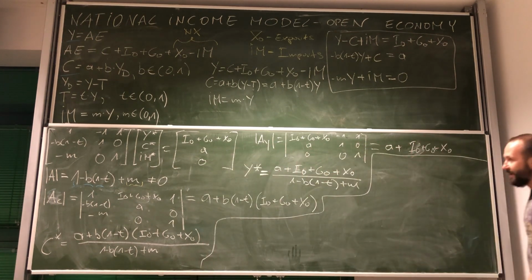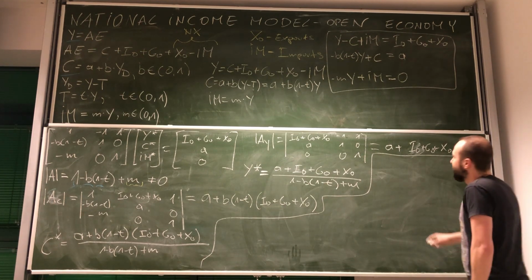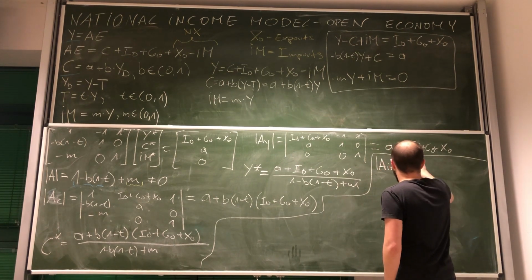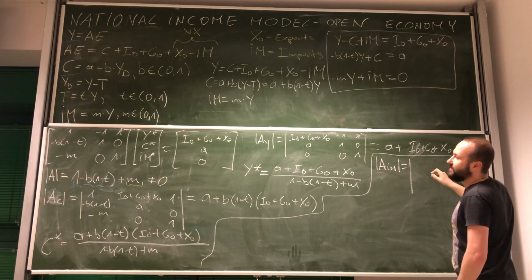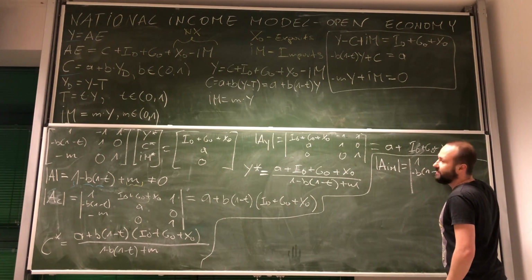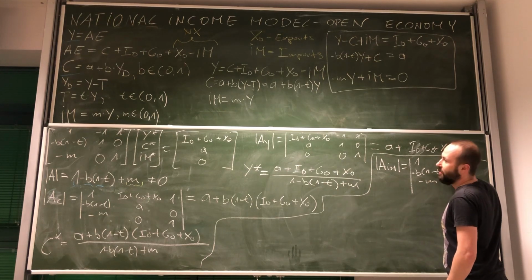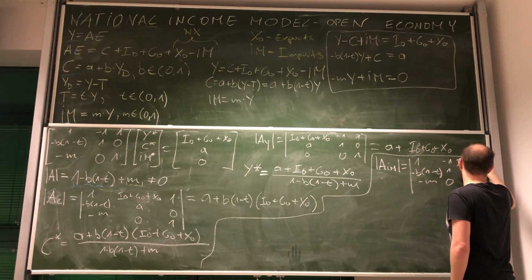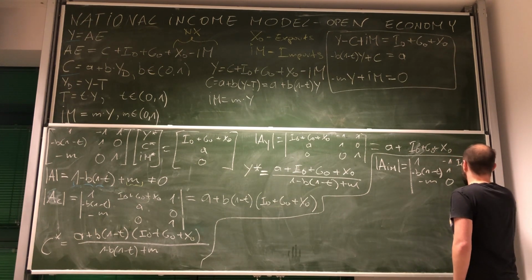Okay, the only thing left is that we need to calculate our equilibrium level of imports. So finally we calculate AIM, and now we replace the third column, so we've got 1 minus B, 1 minus T, negative M, negative 1, 1, 0, and I0 plus G0 plus X0, A0.